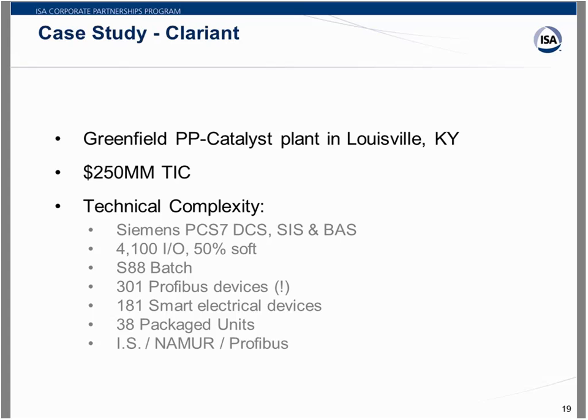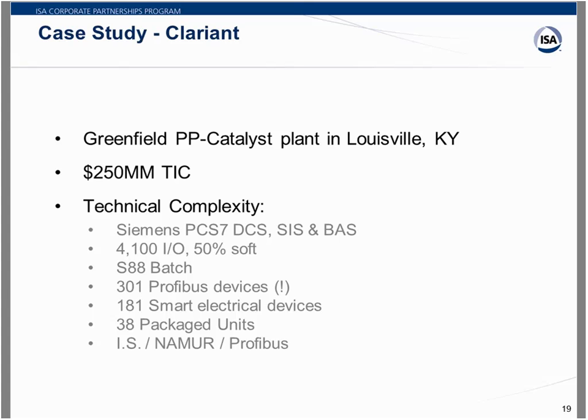181 of them were electrical devices, so smart motor starters, variable speed drives, smart breakers, and power meters. So a variety of it had to do with the electrical system there. There were 38 package units. These were units built by a manufacturer that either contained their own control system, like a PLC, or had instrumentation that needed to be hardwired back into the DCS.